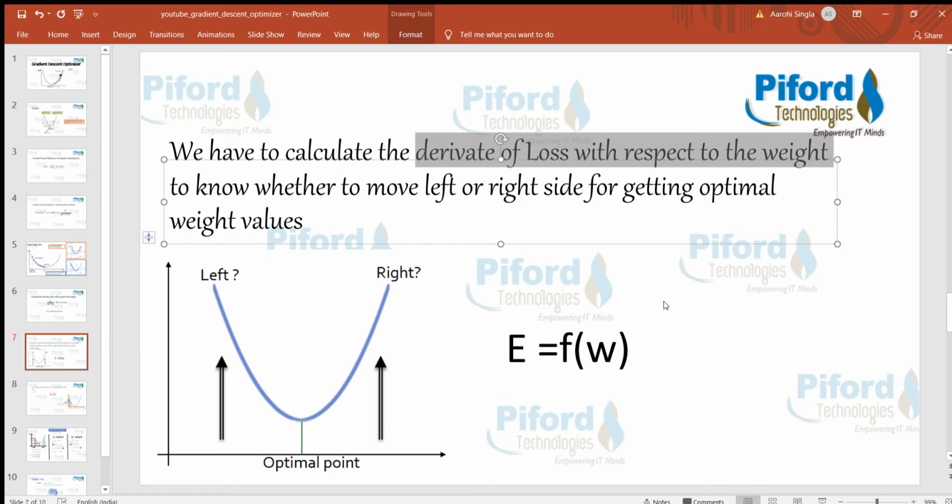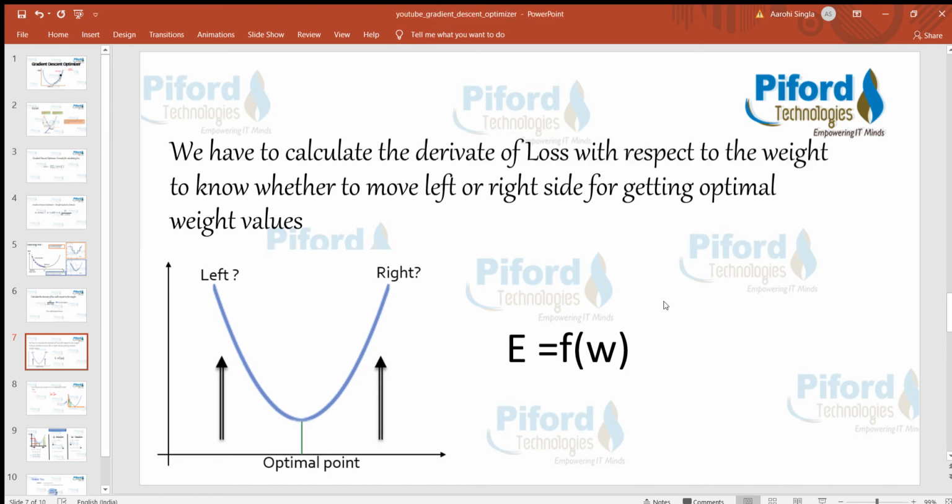We know error is a function of inputs and weights. This means if you change the input or the weight value, the output will change. And if the output changes, the error will also change.